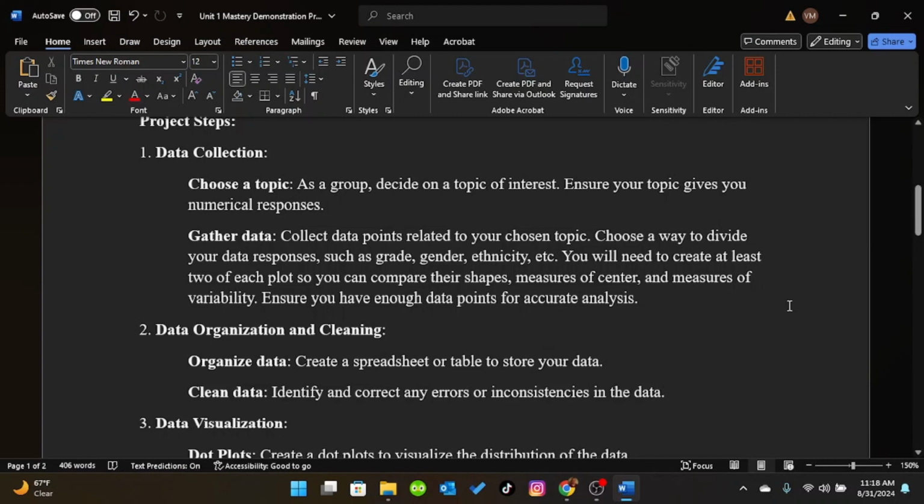You also want to ensure that you have enough data points for accurate analysis. If you only get 5 responses, you're not going to have good analysis.